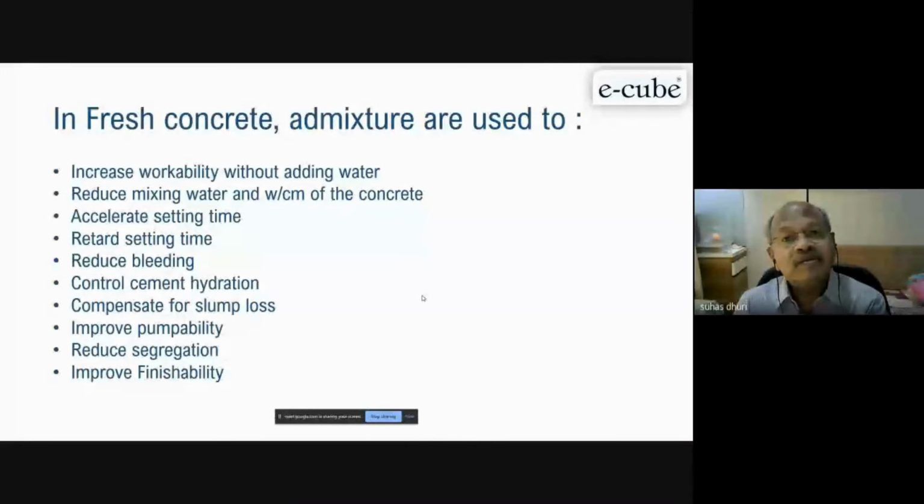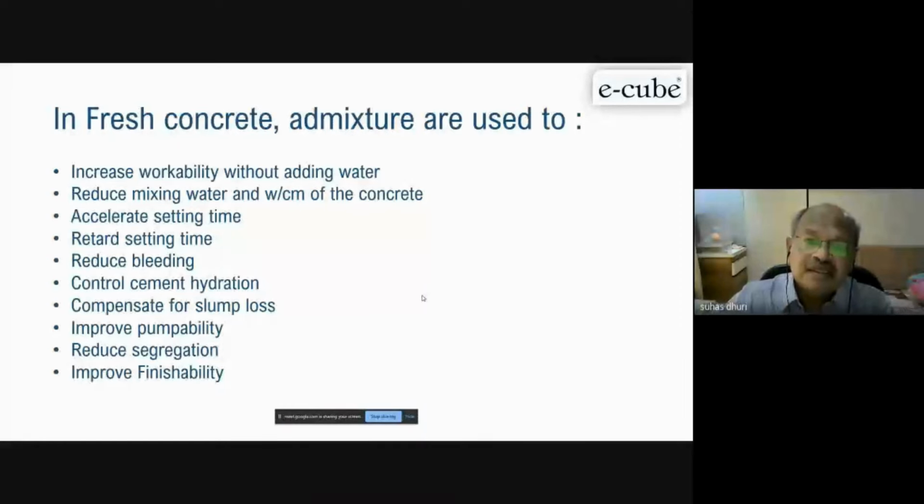That is called bleeding. So on the surface, the water binder ratio, because of that bleeding, is very, very high compared to the bottom concrete, because from the bottom concrete, the water has come out by capillary action.